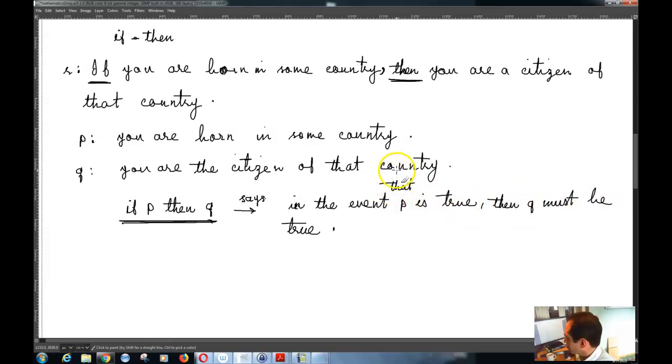Now, one of the most important facts about the sentence if P then Q is that it does not say anything or place any demands on Q when P is false.